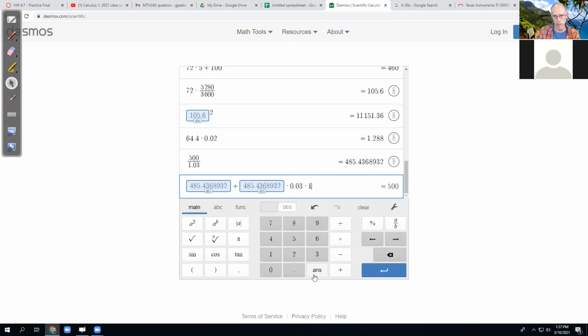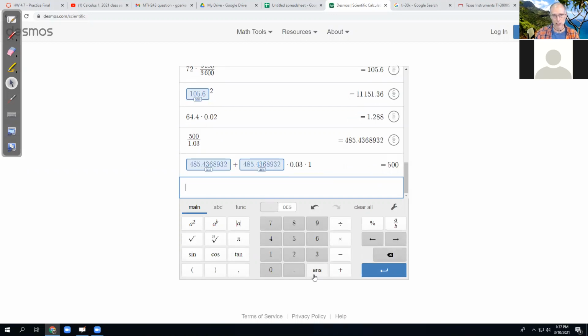Times 1 is kind of boring. If I had done the approximate version, the 485.44, I'd be close, but not exactly 500. And notice, look, I'm close to 500, just 3/10 of a cent off. So I'm pretty close there. I could put the times 1 in, but that's not going to change anything.